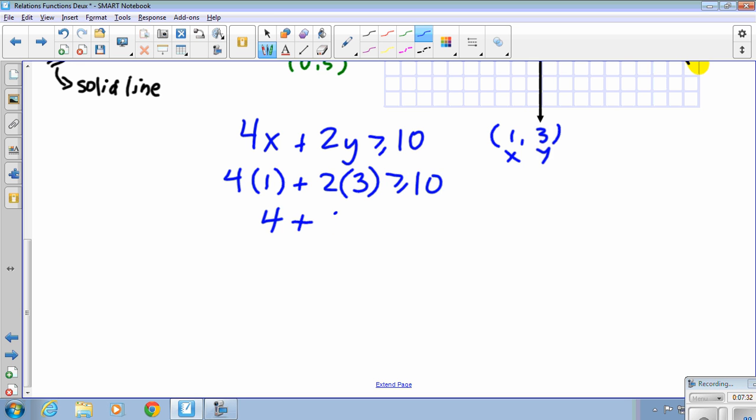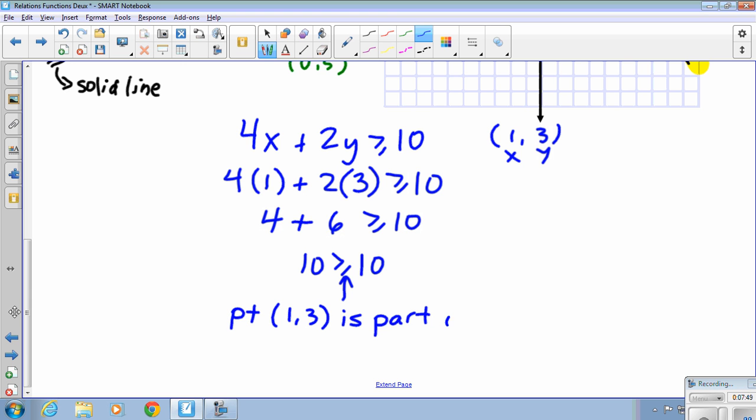That's 4 plus 6, greater than or equal to 10. Is 10 greater than or equal to 10? Well, yes, it's equal to 10. So the point 1, 3 is part of the solution. And everything else that we had highlighted in that yellow region would also make this inequality true.